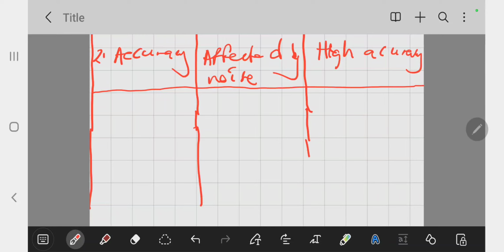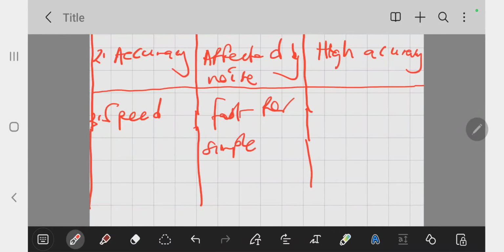Moving on, let's look at the speed. By speed, I'm sure you already have an idea, because we've said that most digital systems have replaced analog systems. For analog systems, it is only fast for simple operations, but when operations become complex, it is very slow.